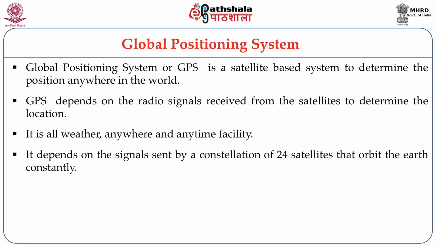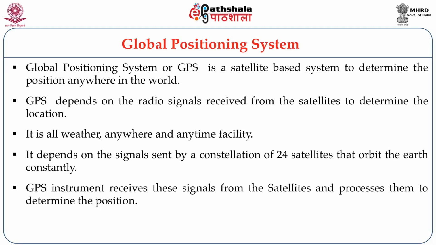So there are several satellites, a constellation of satellites maintained by an international consortium. About 24 or so satellites are maintained in orbit by the international consortium, and all these satellites keep on transmitting both accurate time as well as positional data continuously.